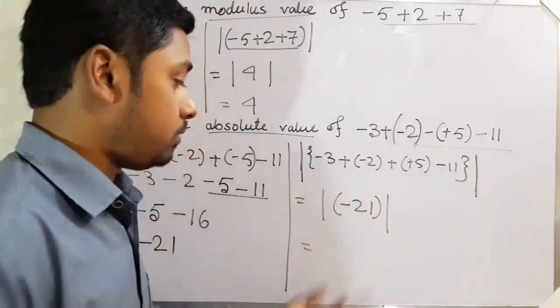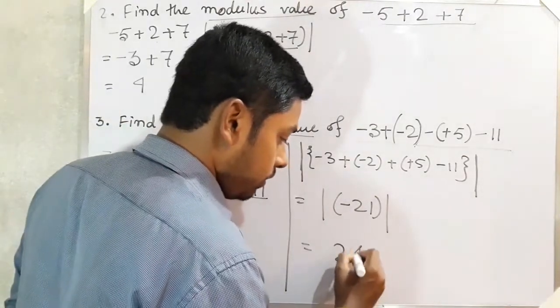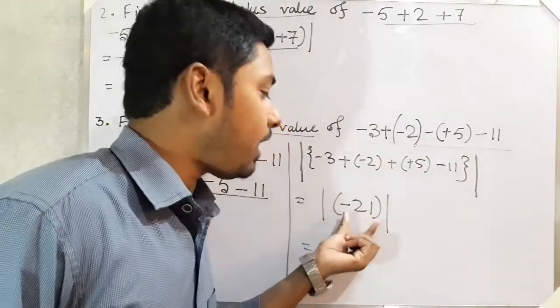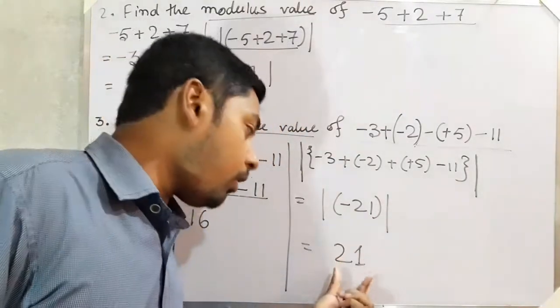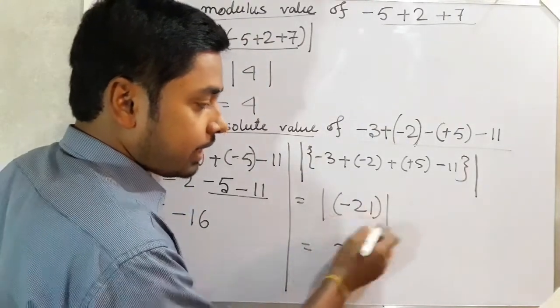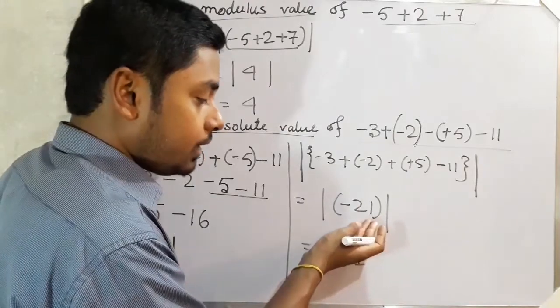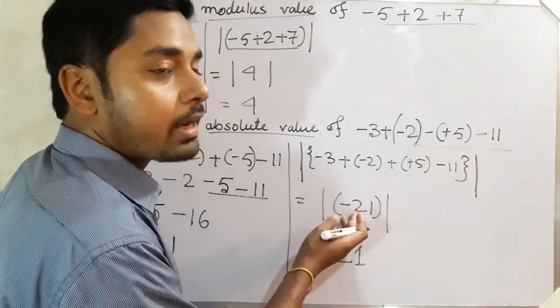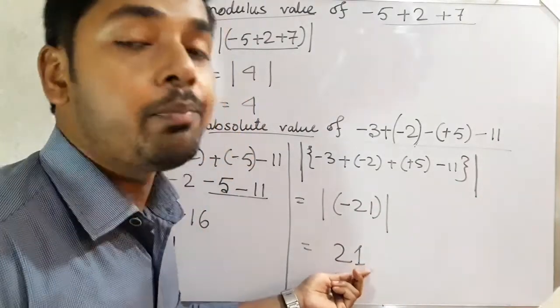And now what is the modulus value of minus 21? I told you, whether it is positive or negative inside the modulus, the value will be only positive. Inside of the modulus, either you are having positive or negative, and outside of modulus it will be only positive.